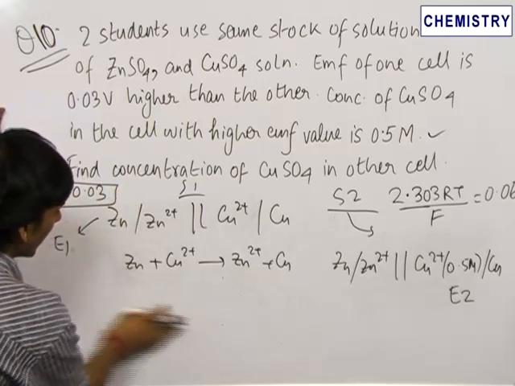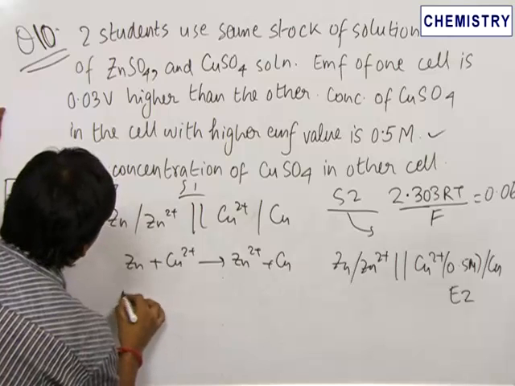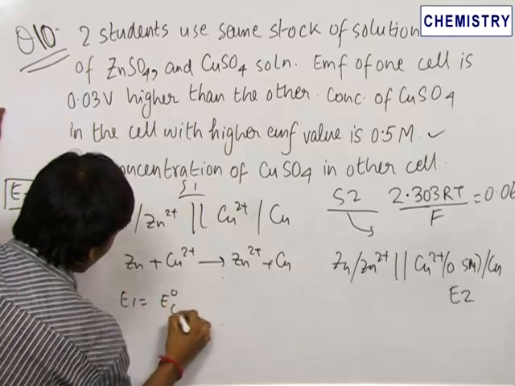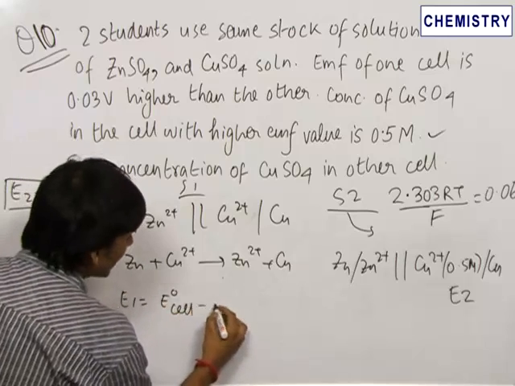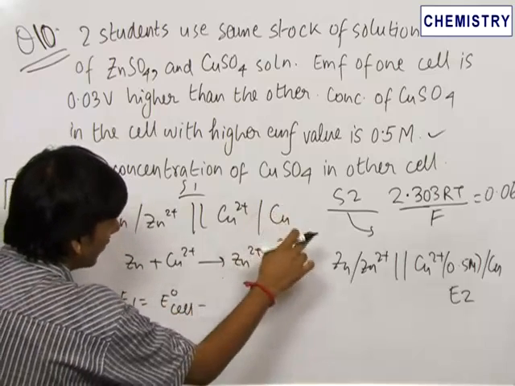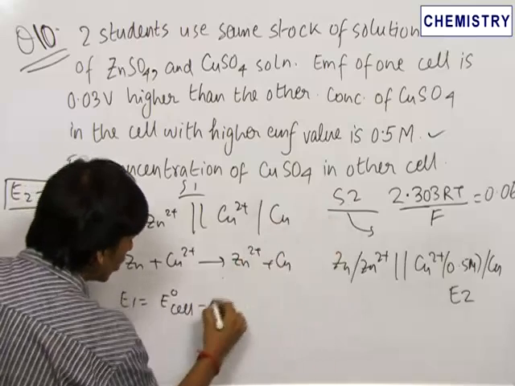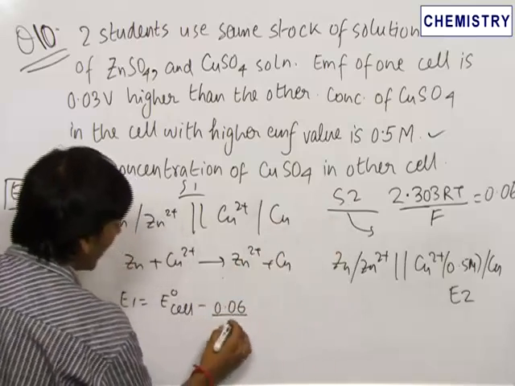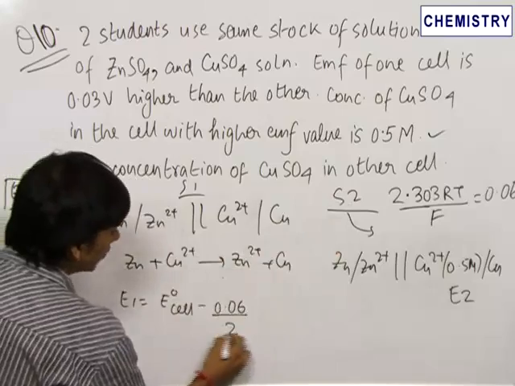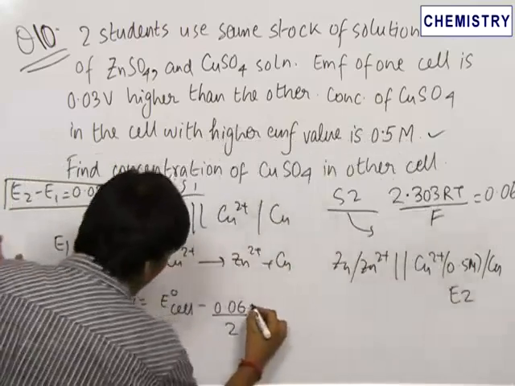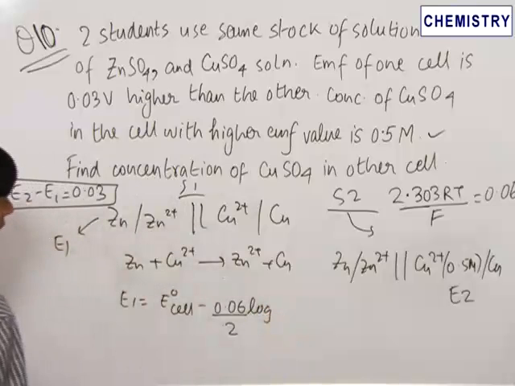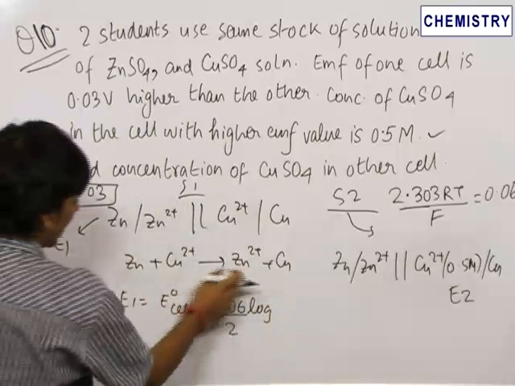Now we can write that E1 is equal to E0 cell, that is the standard potential for a Daniell cell, minus 2.303 RT upon F into 1 upon n, that is 0.06 upon n. n for a Daniell cell is 2, because 2 electrons will cancel on writing this equation, into log of concentration of product upon reactants, that is Zn2+ upon Cu2+.